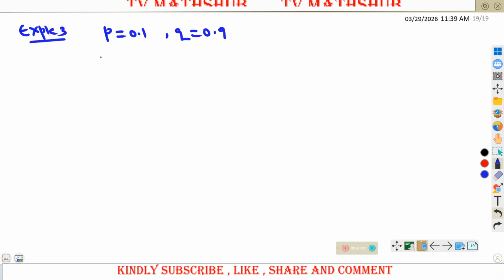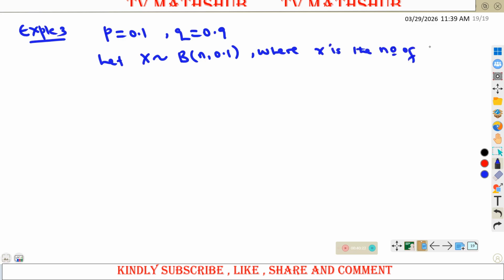So here we are talking about X. Our X follows a binomial distribution with the number of pens n, which we don't know, and the probability of success 0.1. This X here is the number of faulty pens.